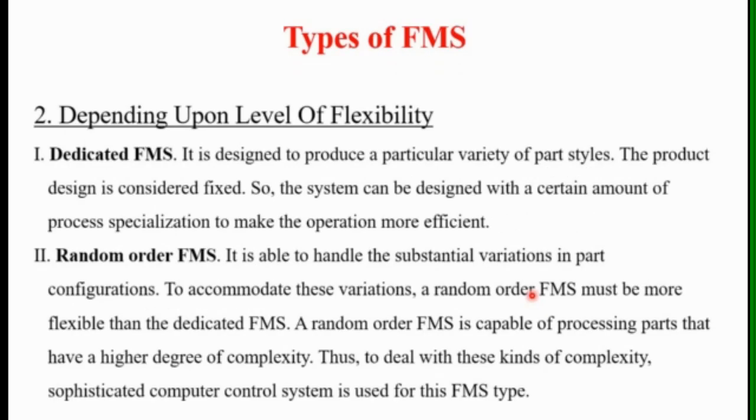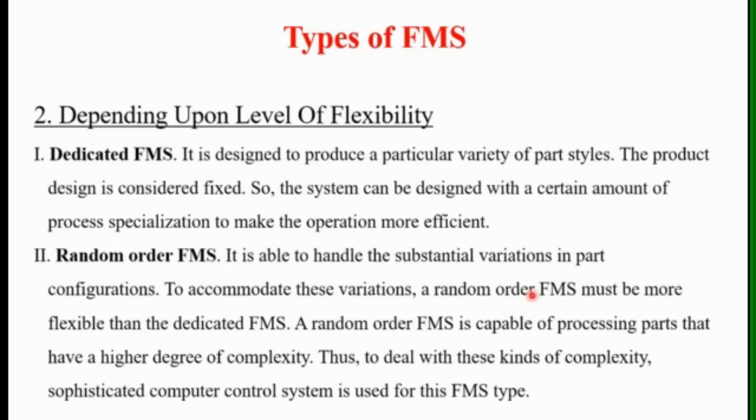The second type of FMS is dependent on the level of flexibility. Based on the level of flexibility, again there are two types: one is called dedicated FMS, and the second is called random order FMS. The dedicated FMS is designed to produce a particular variety of part styles, a particular component or part.